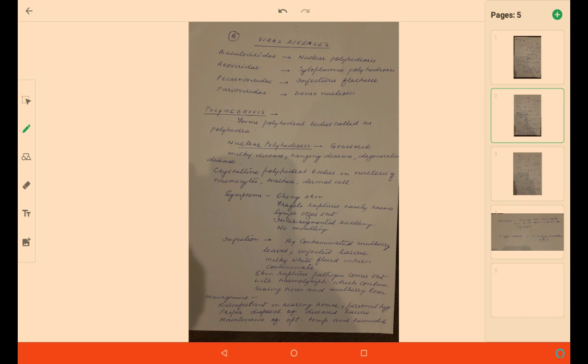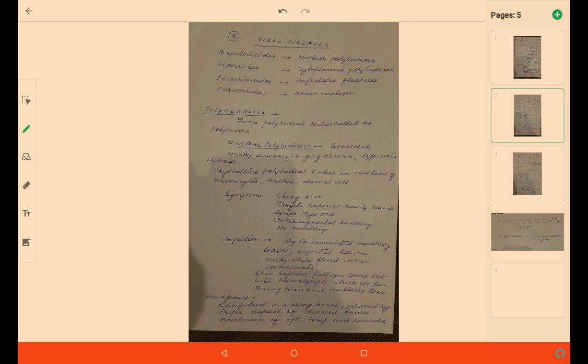What is polyhedrosis? The polyhedral bodies called polyhedra get formed in the body of moths. Nuclear polyhedrosis is also popularly called grasserie, and milky disease, hanging disease, and degeneration disease are other names of nuclear polyhedrosis.